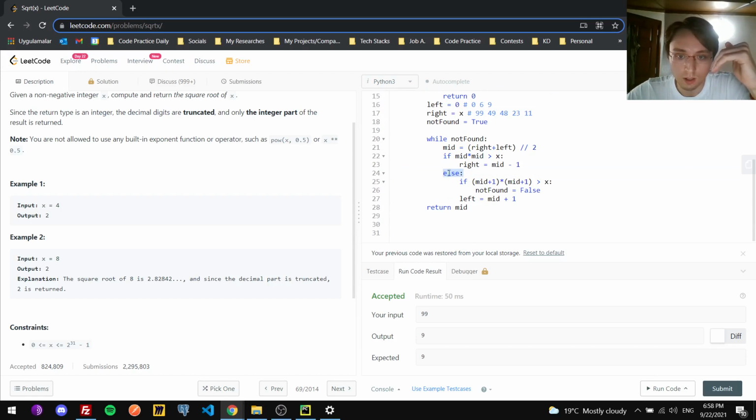So we have that in this else statement, and we also check the square of the next value using this if, and then we change this to false so that we get out of this loop, and then we return the mid because that's the one we found. All right, that was it.